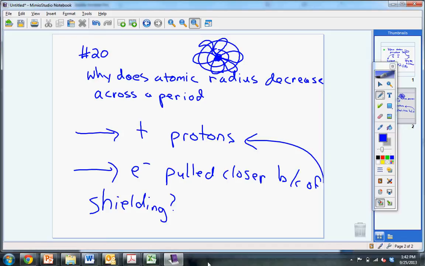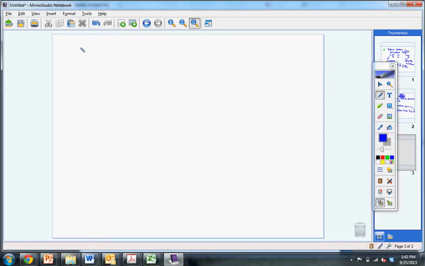All right, other questions? Number 18. Which element has the highest electronegativity? Fluorine. That was one of the choices. The one closest to fluorine.